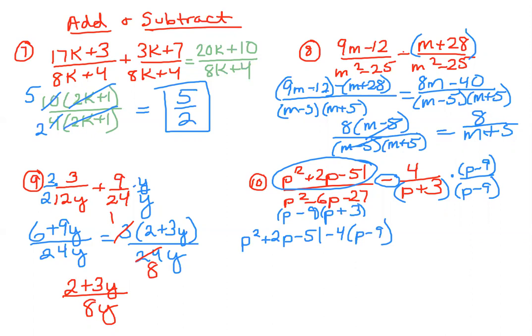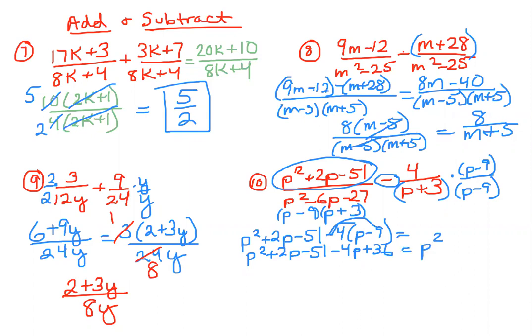Okay, our denominator is this p minus 9 times p plus 3, but let's just simplify our numerator first. This becomes p squared plus 2p minus 51 minus 4p plus 36, because this negative 4 distributes to both of those, which equals p squared.